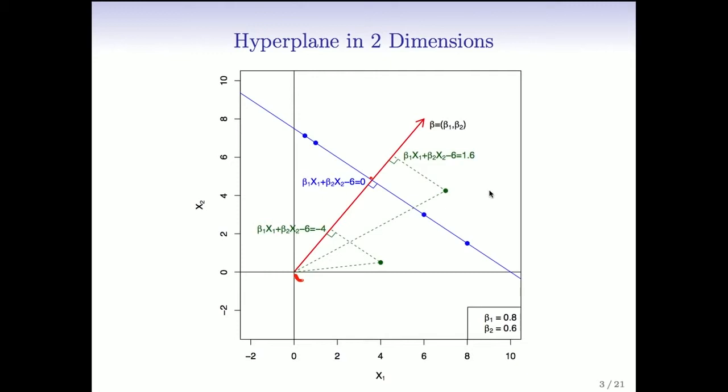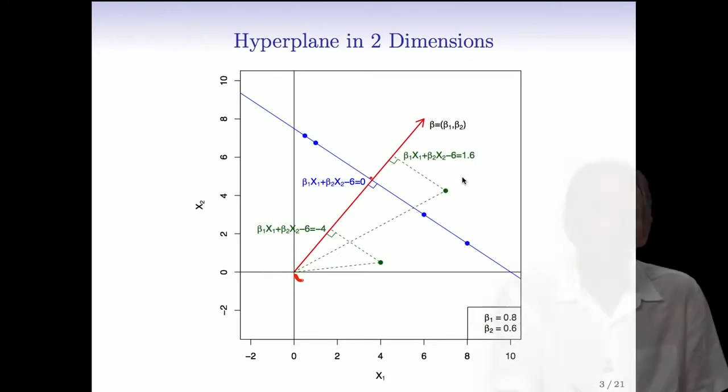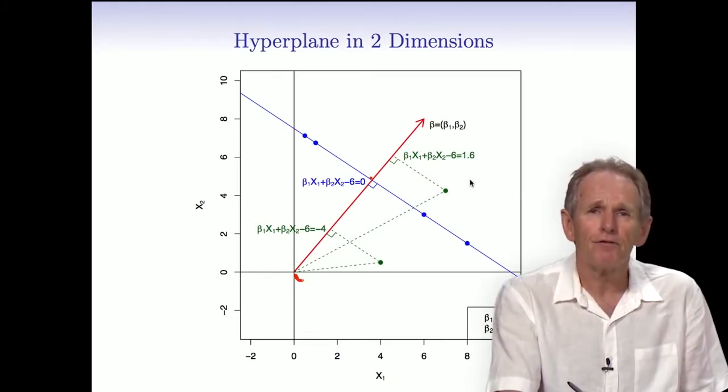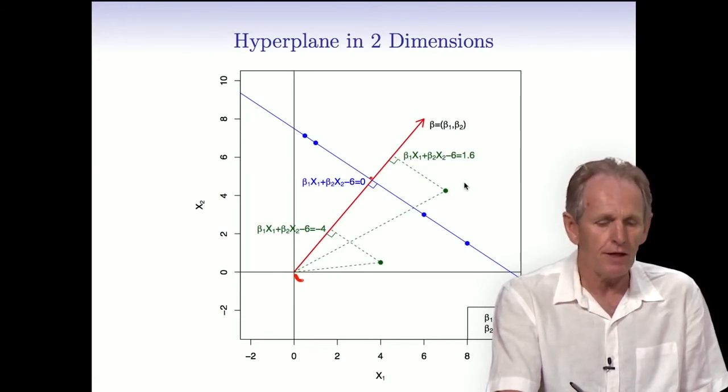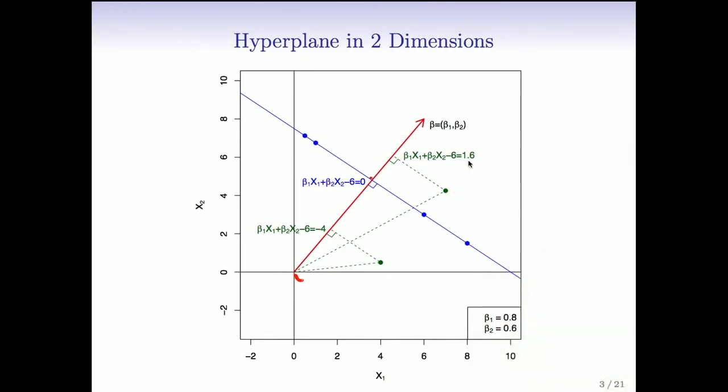When that's the case, something special happens: when you evaluate the function, the value that you get is actually the Euclidean distance of the point from the hyperplane. That's not too hard to prove, but we won't do that here. But for those of you who can do a little bit of calculus and know a bit of geometry, see if you can try and show that. It's not that hard. So this point is 1.6 units from the hyperplane.